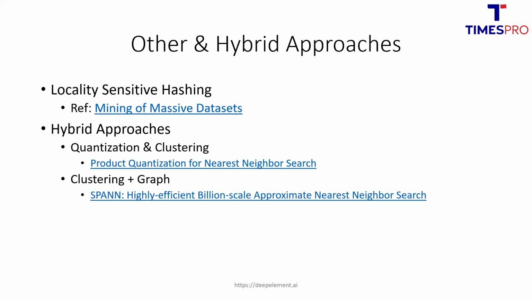It scales up to even a billion data points and gives you results in no time. If you read the paper, you'll see that even at a billion scale, it gives you the results in a few milliseconds and at a very high recall, above 90. So this is one of the latest papers.